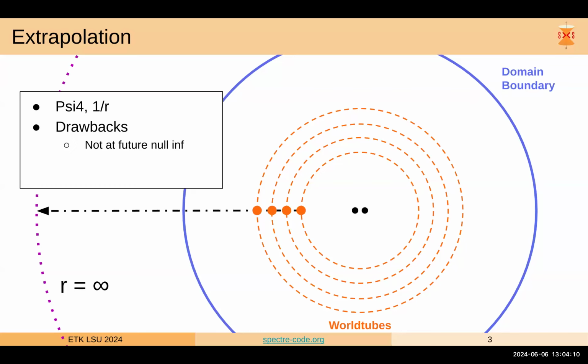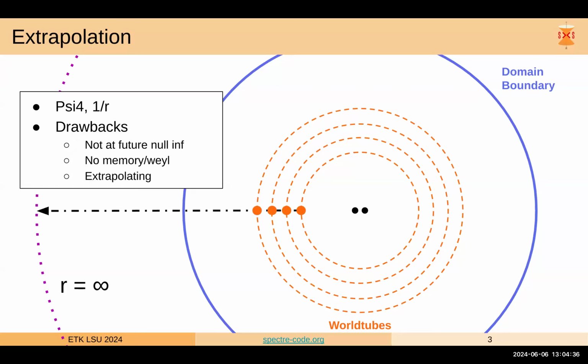So in reality, we would want our gravitational waves extracted at future null infinity. In addition, because of this, you won't get gravitational wave memory, which is a permanent offset of test particles from their original location. That cannot be captured with extrapolation. Also, you don't get any of the other Weyl scalars necessarily. You might have to do a lot of extra work to get them, but you don't get that necessarily.